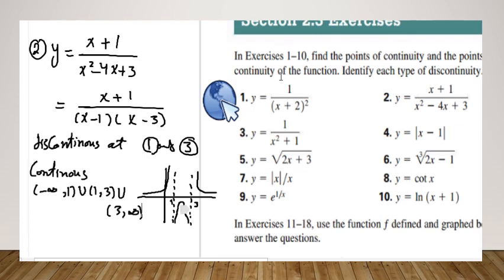Type of discontinuity here, you can consider it as infinite discontinuity. No, this is discontinuous. Why? Because you don't have infinity here, and I think it's a jump discontinuity here.